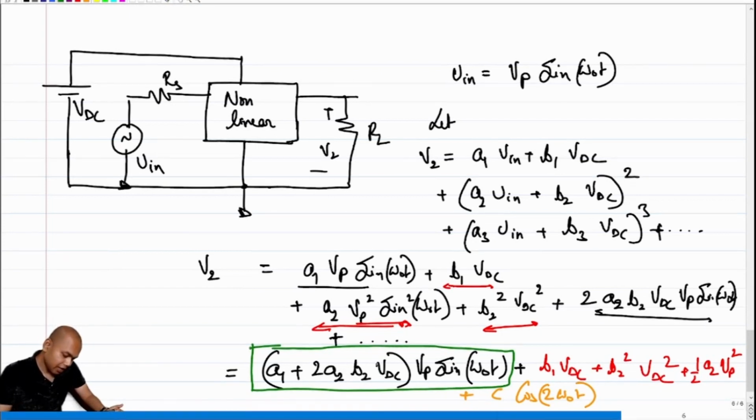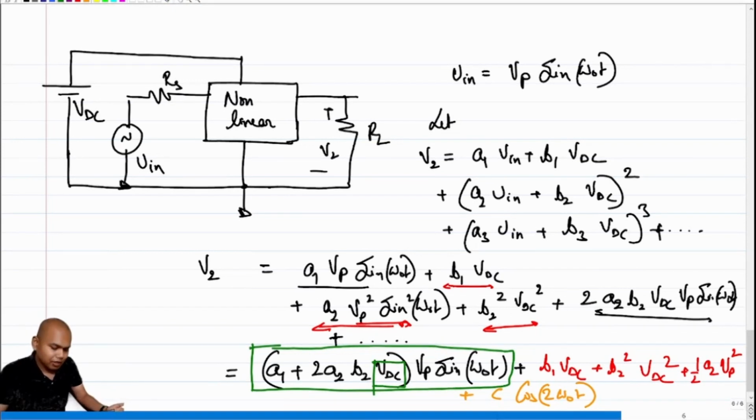Now the interesting thing is that VDC makes an appearance in the amplitude of sine omega naught t, right. Which means that if you have a nonlinear system, it is possible to increase the amplitude of the sinusoid because of this cross multiplication that is happening because of the presence of nonlinearity.